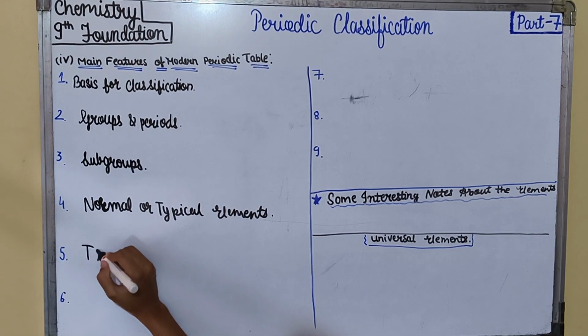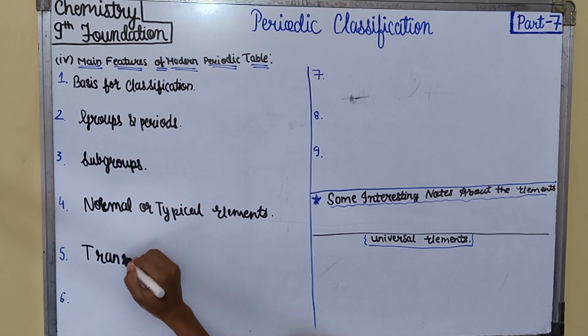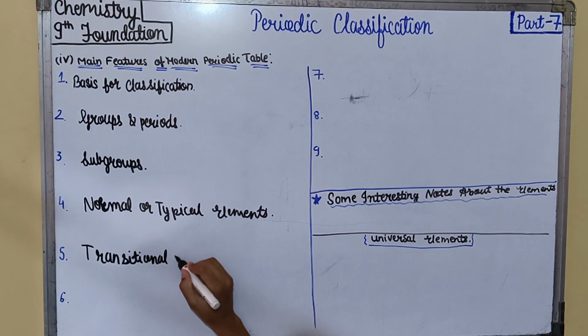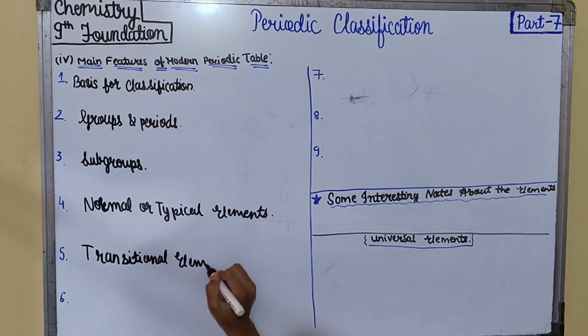Fifth is transitional elements. Sixth is active metals.